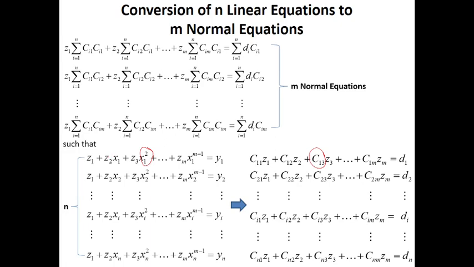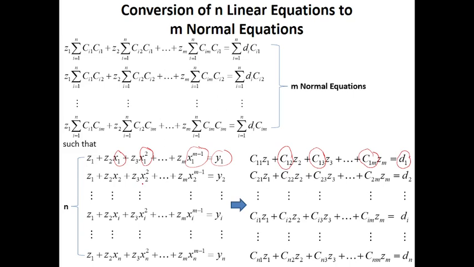Yung x sub 1 natin dito, yun yung equal sa C sub 1, 2. Yung x sub 1 raised to m minus 1 natin, yun yung equal dito sa c sub 1n. Then yung y sub 1, yun yung equal sa d sub 1.